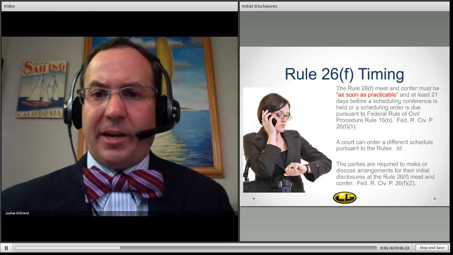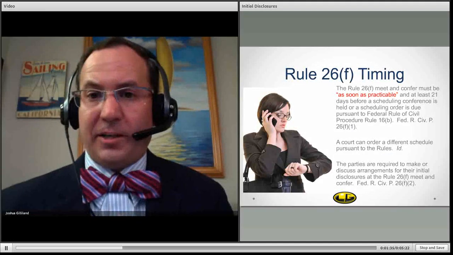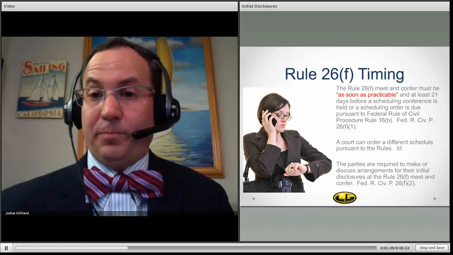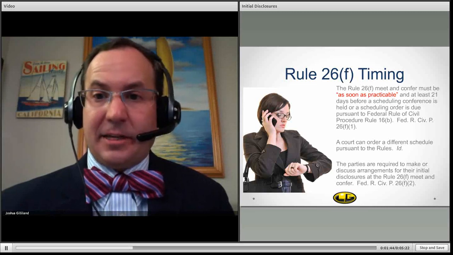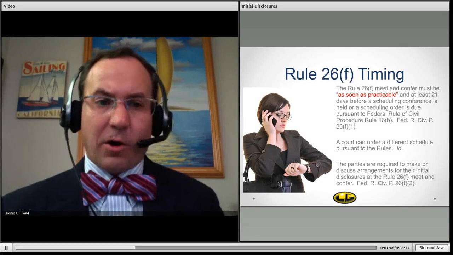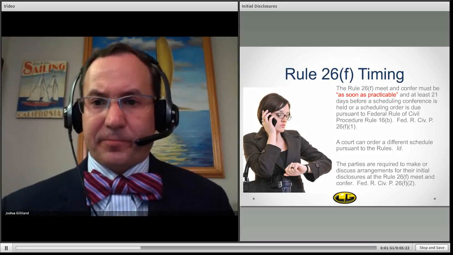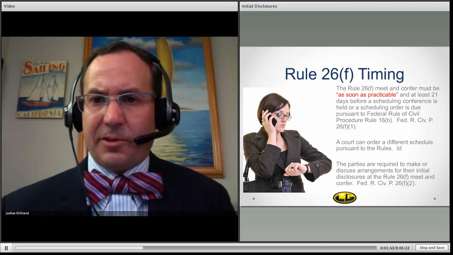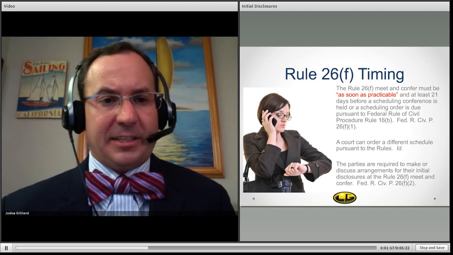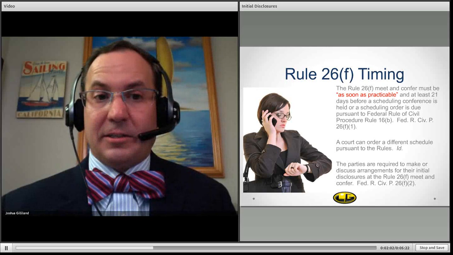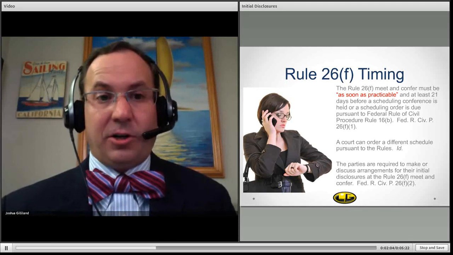Well, looking at Rule 26F for its timing, the Rule 26F meet and confer must be as soon as practicable and at least 21 days before a Rule 16B scheduling conference. As before, a court can say otherwise and the parties can stipulate. However, you have to consider the timing of when the Rule 16B conference takes place, when the Rule 26F conference takes place, in order to help determine when Rule 26A initial disclosures are due.